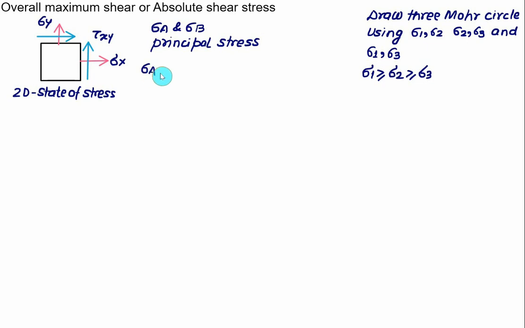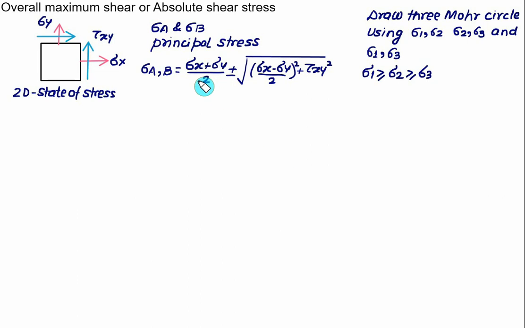Sigma A or sigma B can be obtained as (sigma x plus sigma y) divided by 2, plus or minus the square root of ((sigma x minus sigma y) divided by 2) whole squared plus tau xy squared.